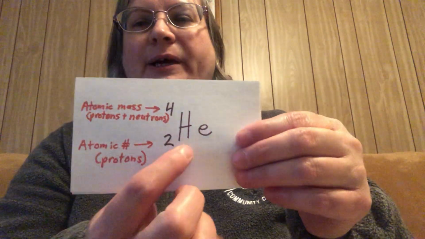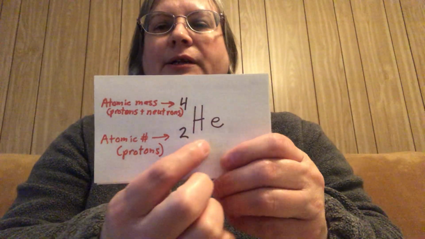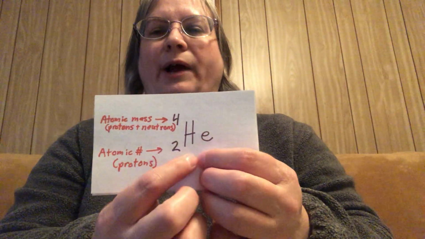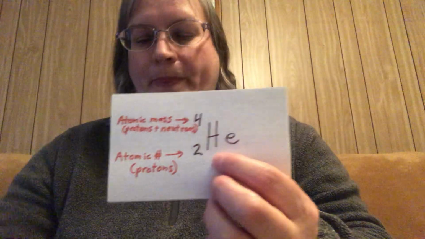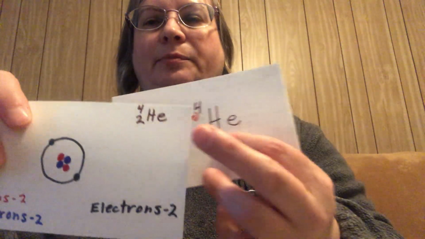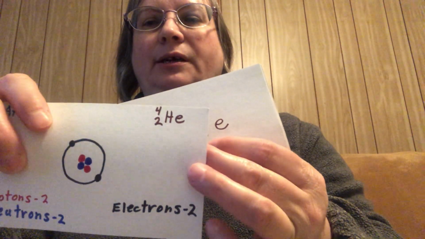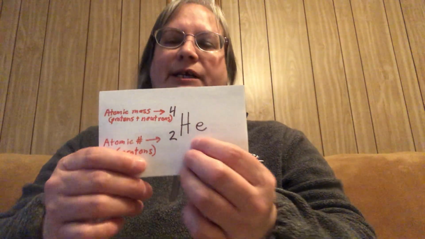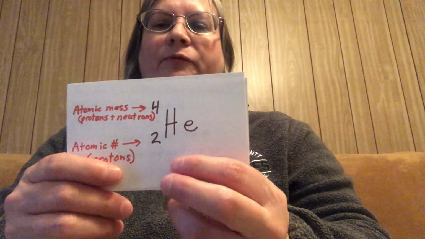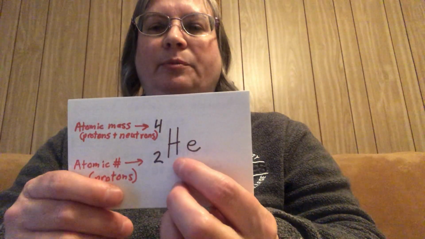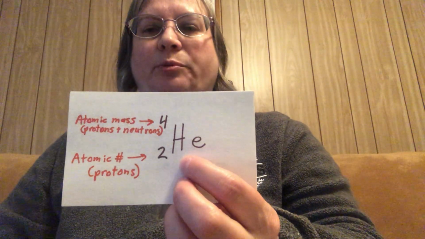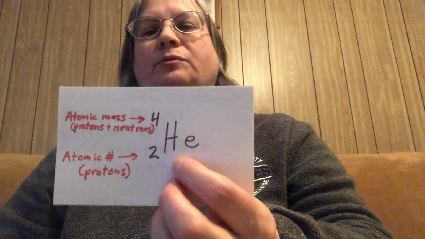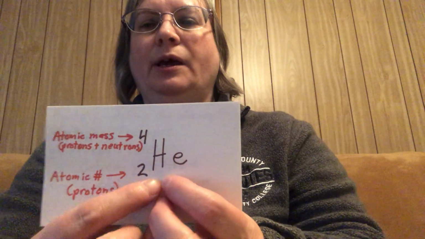And then let's talk a little bit about this way of writing things. If you'll notice, I had that up here because this atom is helium. So this He stands for helium. Every element in the periodic table has a 1 or 2 letter abbreviation that we use, so we don't have to write out the whole thing.